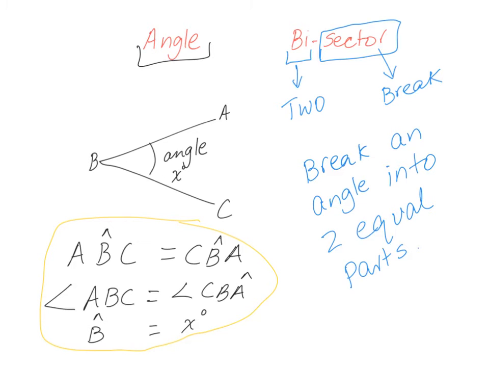So this is what we are trying to do in this topic. Divide an angle into two equal parts. In some cases, we will have one part and we want to find the other part. In some cases, we have the entire section and we want to find out what one part is.